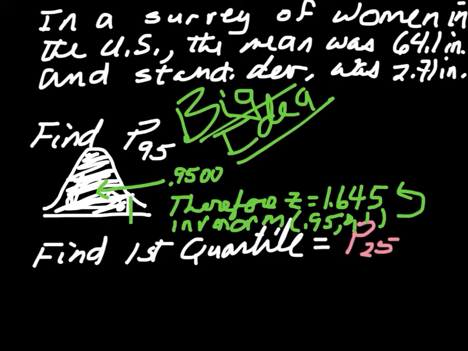So this z right here, which is now 1.645, is 1.645 standard deviations above the mean. So what we want to do is figure out how many of these standard deviations are going to equal 1.645. Okay? So I want you to think about that and how we can figure out what number in the data will correspond to that.